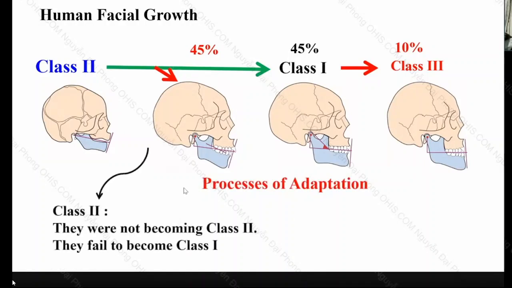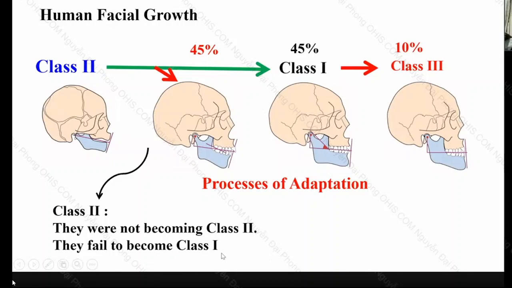The class 2 skeletal problem is something many orthodontists talk about as a class 2 growth. But this is not class 2 growth. Our babies originally showed class 2. Therefore, they are just staying in the class 2 situation. In other words, they fail to become class 1 for some reason.